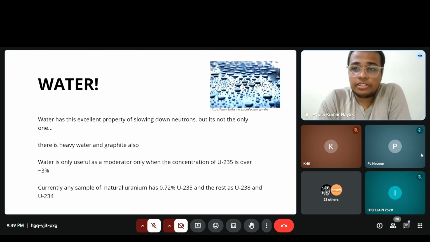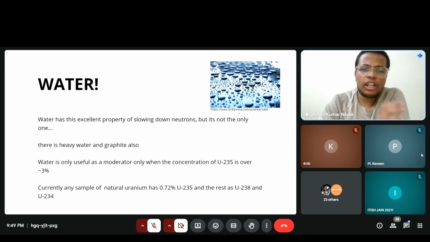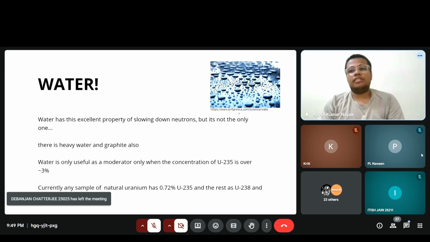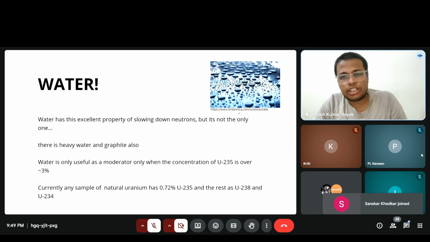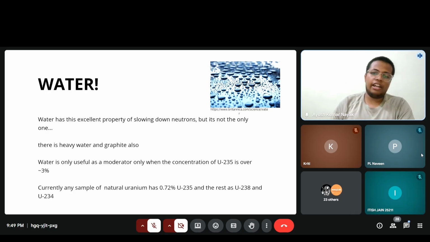Now the thing is, water is only useful as a moderator when the concentration of uranium 235 in the fuel is roughly 3%. If it's below that, water tends to absorb too many neutrons and slows down the reaction, and the reactor shuts down.